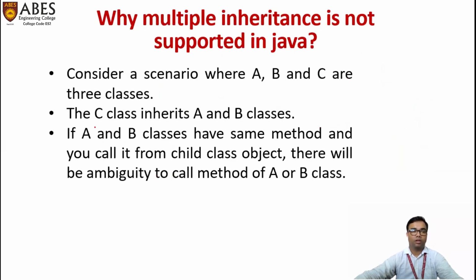When class C inherits the A and B classes, and the A and B classes have the same method, you have both methods in class C. So there is an ambiguity when both class A and class B have the same method with the same argument list. So what happens? Java cannot conclude which method it has to call.